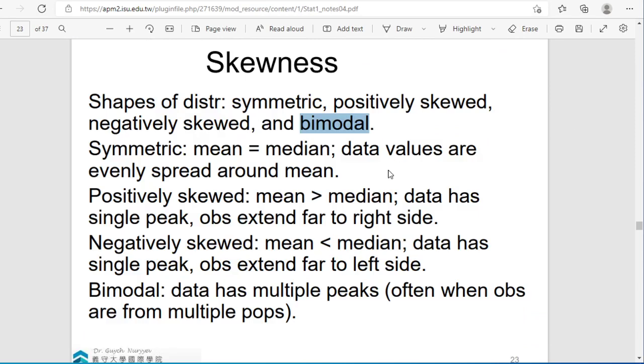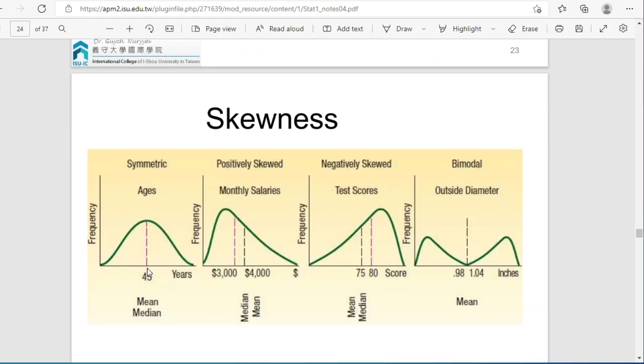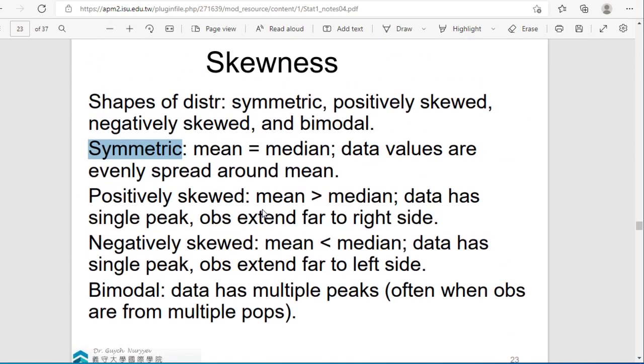And the way we look at skewness is we generally compare mean and median. If mean is equal to the median, then we have a symmetric distribution. Again, as you see over here on the very left side, both mean and median are equal to 45. If they're not equal to each other, then we have a little bit of skewness in the distribution, right?